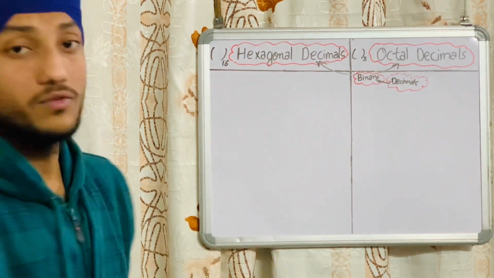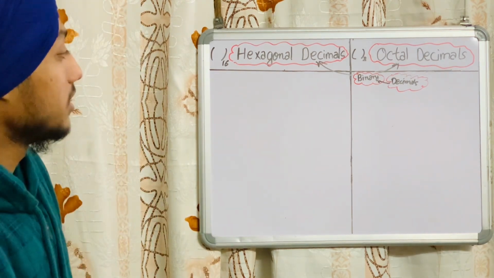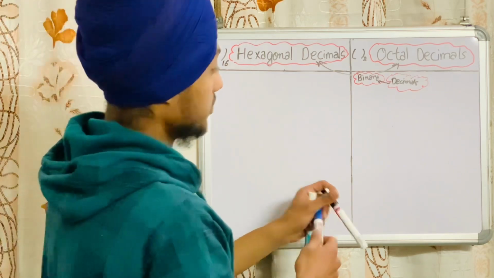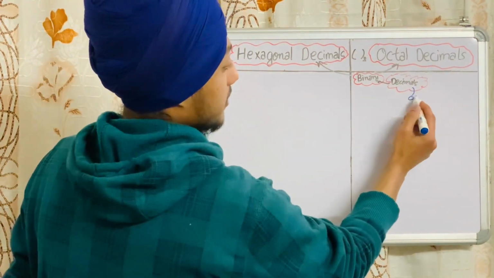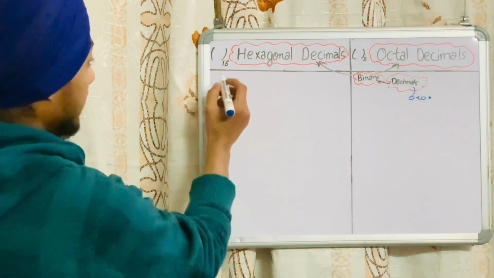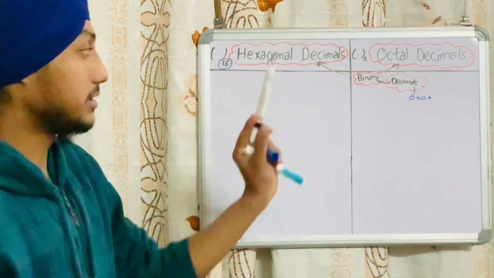Binary system, which we have discussed, uses only 0 and 1, and in decimals we are using only 0 to 9. So here we have introduced the concept of hexadecimal and octal system.